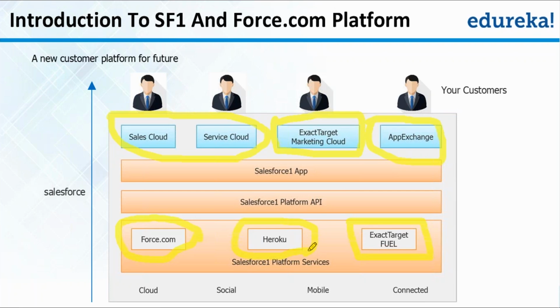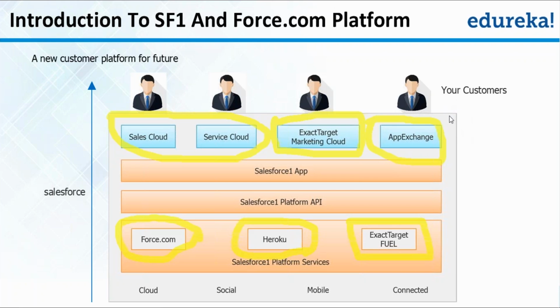You can lift and shift existing Java apps and put them on Heroku on the cloud. So you have three building blocks of the platform layer, as well as four blocks that you can see at the top.